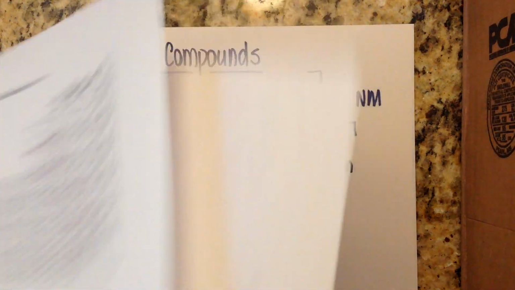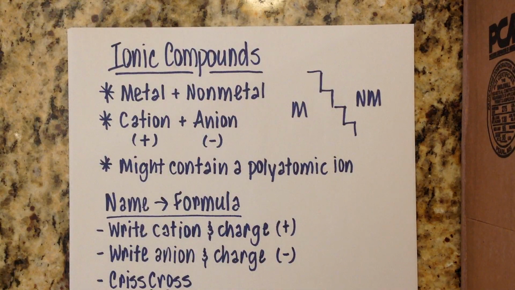A couple things I'm going to tell you real quickly, and I'll put these notes back up at different points so that you've got a chance to pause the video and write some things down, and I encourage you to do that. You know that you have an ionic compound when you have a metal and a nonmetal. You could think left side of the periodic table, right side of the periodic table. You could also think in terms of cation, anion, positive, negative, and keep in mind these might contain a polyatomic ion.